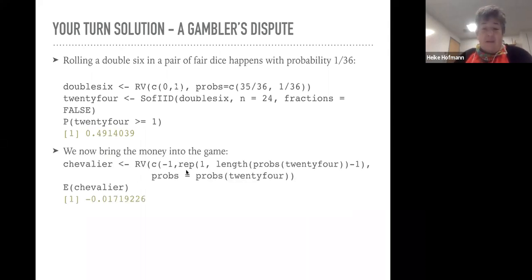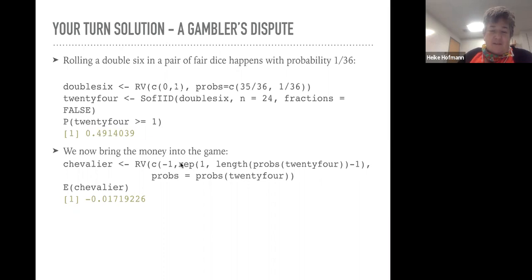We can bring the money in, and here we've got a random variable called Chevalier. He pays in a -1 for the first event in those 24, that's when no double six happens, and then he gets a 1 back out in all of the other events, however many we have.